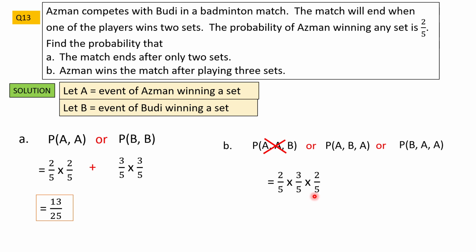Or, so when it comes to or, you change it to plus the other possible outcome. First Budi, so Budi will be 3 over 5 times probability A 2 over 5 again times probability A 2 over 5. Simplify and you will be able to get the answer.